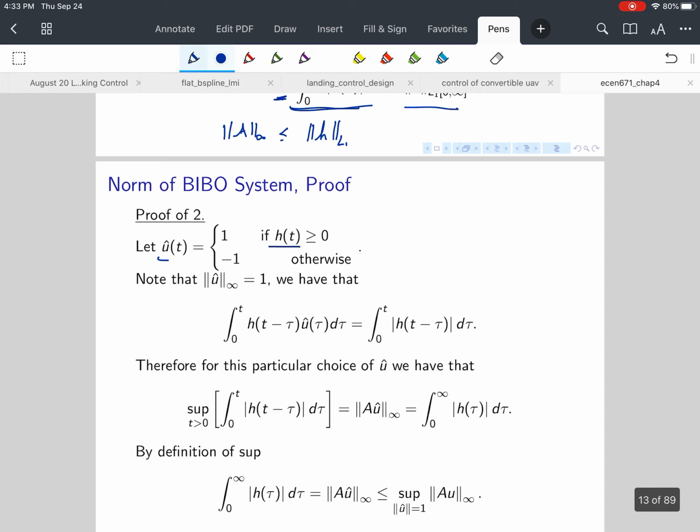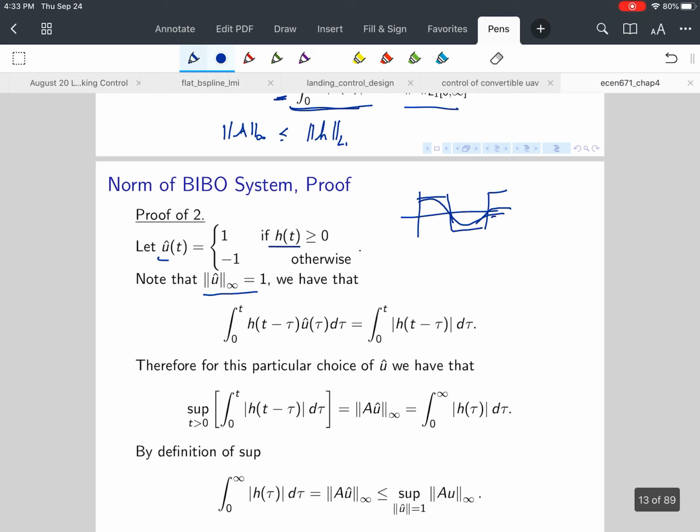And then you notice that, in other words, if the impulse response does this, then u is going to be like that. But notice that the supremum, as t goes to infinity, of the absolute value of u is equal to 1. So we know that the norm of u is equal to 1.